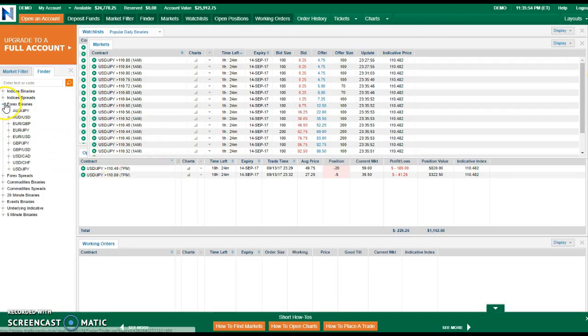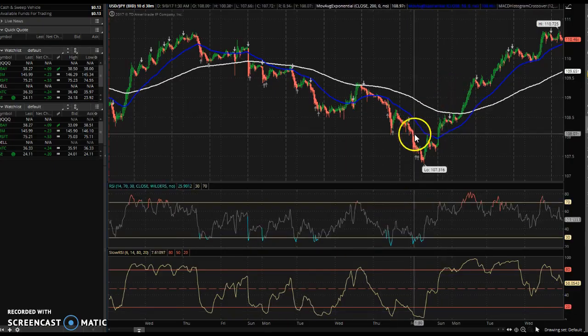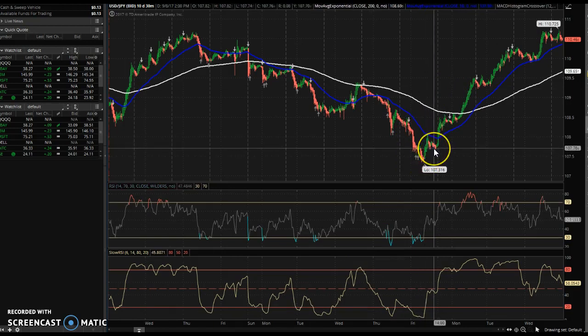So if you go to Forex binaries, I go to USD/JPY. This one ends at 7:30, it's 7 a.m. daily. Right now it's 11:36 p.m. Eastern. So that's a daily. You would have caught one of those trades right here, because if you would have stayed in it later, the trade went right back up.